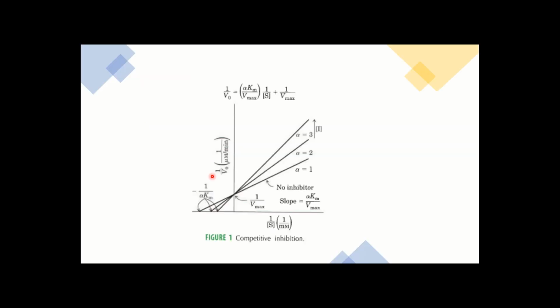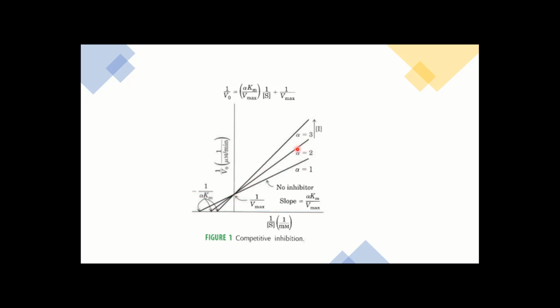So let's see what is the case of the competitive inhibition. In the competitive inhibition case, if we plot 1 by V naught against 1 by substrate concentration, then we will find that in the absence of inhibitor, or no inhibitor, this is the plot. But when we increase the inhibitor concentration, like here, when alpha 1 is increased to alpha 2, you can see the slope has been increased but the Vmax is unchanged.